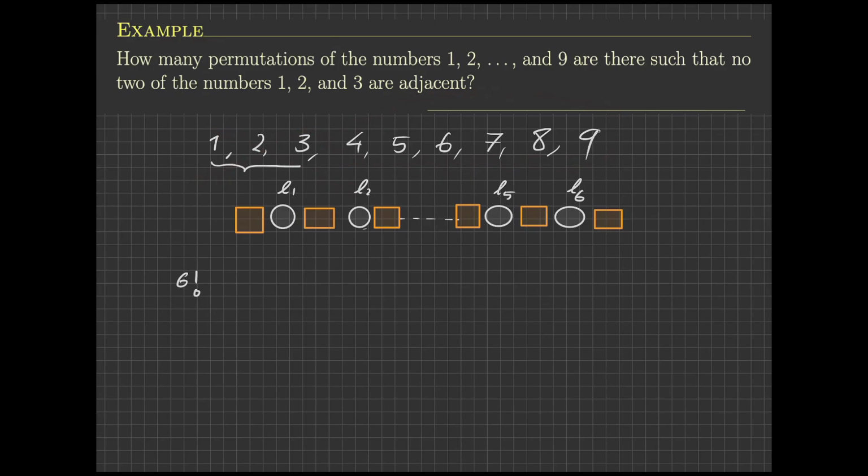I don't need to be worried: in any way that I fill them up, they are not adjacent. Do you agree? Okay, so in how many ways can I do that? How many empty locations do I have? Can you tell me how many squares you see now? 7, because there were 6 locations, so I have 7 squares. But do I need all of them? No, I need only 3 of them. So it becomes, according to what we learned before, P of 7 and 3. And then I multiply them.